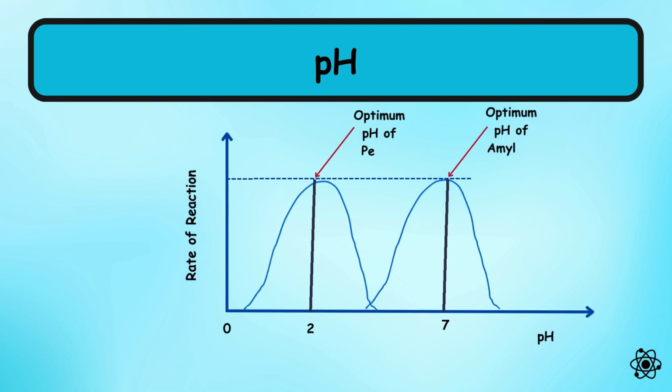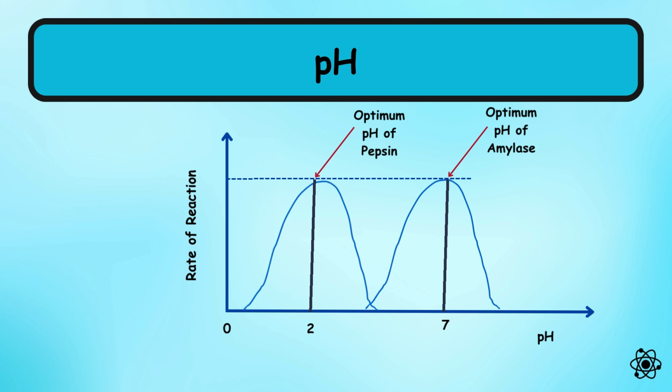Examples of two enzymes with a different optimum pH are pepsin and amylase. Pepsin is an enzyme found in the stomach's acidic condition and therefore made to work best in a pH of approximately 2.